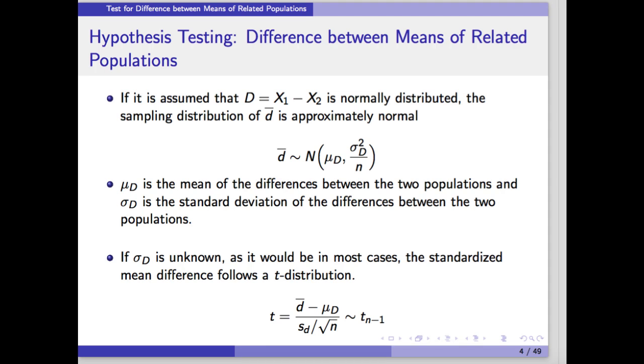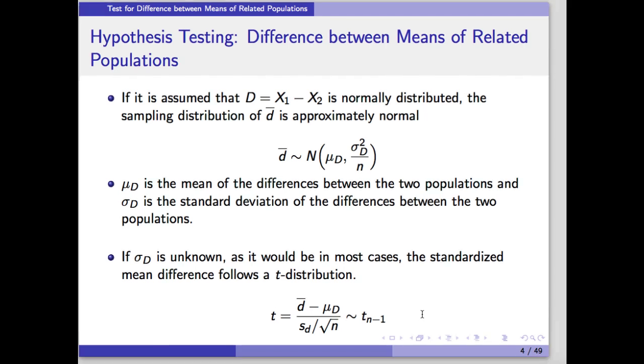The mu d and sigma d are defined as before, the mean and standard deviation of the difference respectively in terms of the populations, and more often than not sigma d is unknown, so the standardized mean difference follows a t-distribution. We've come across that previously as well.